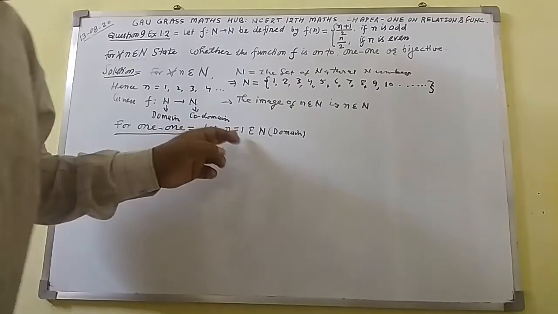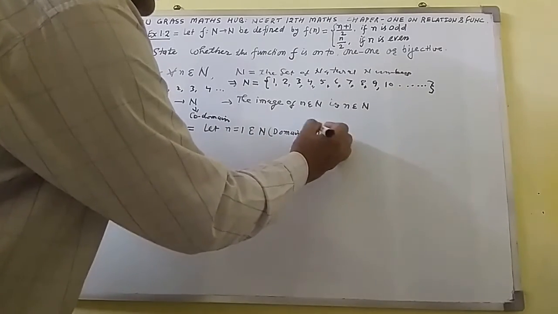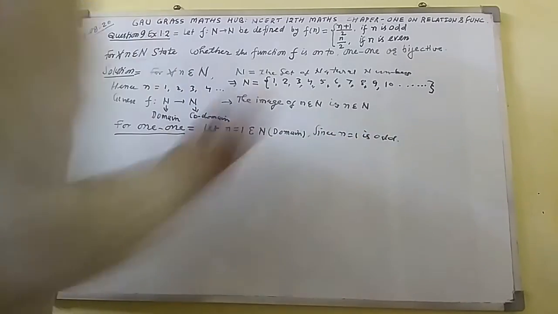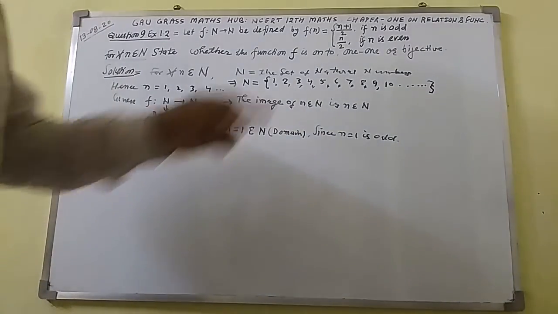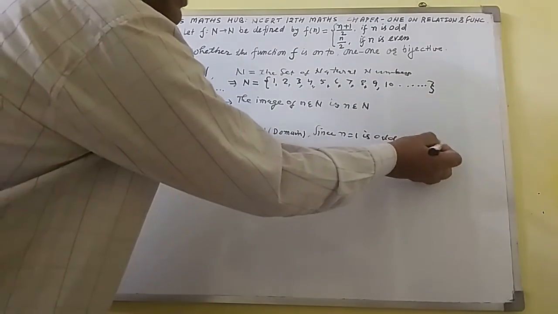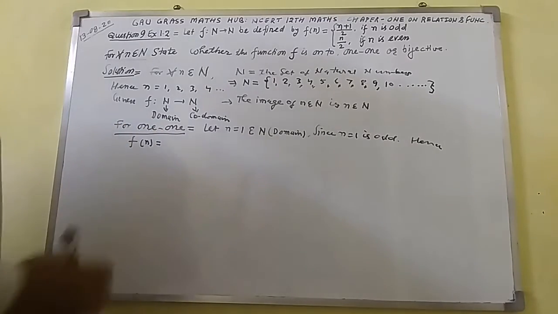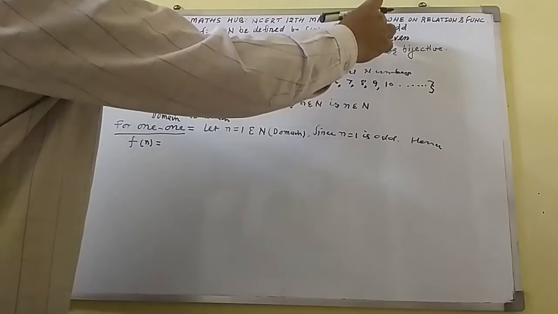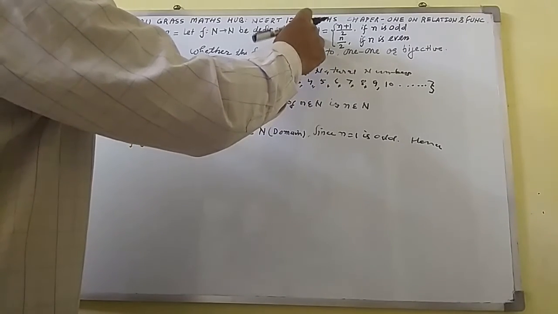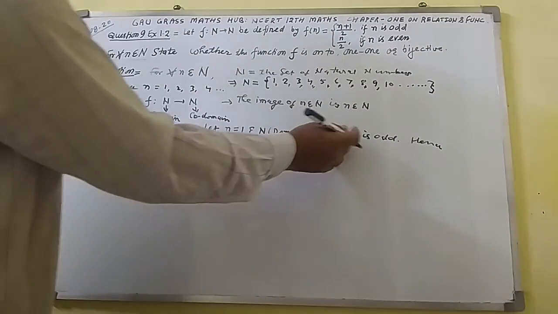Since n equal to 1 is odd, hence f(n) for n odd, I shall take the function f(n) = (n+1)/2, because here n equal to 1 is odd.